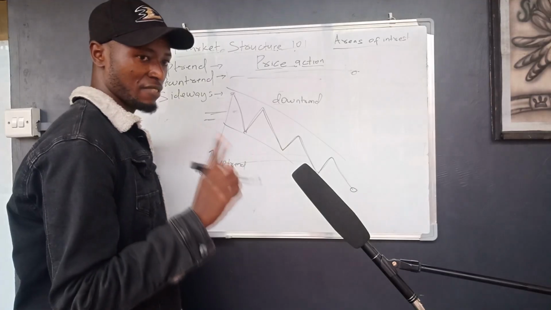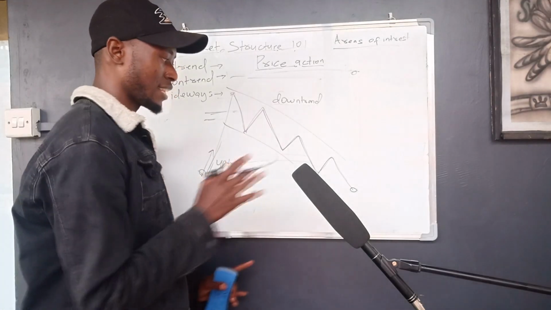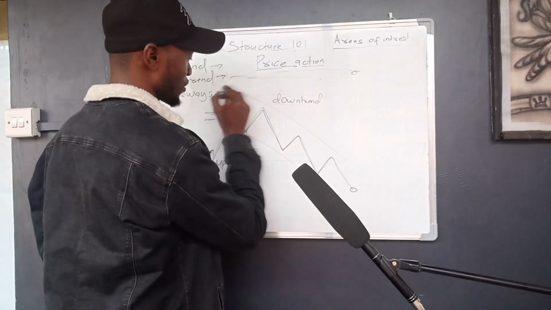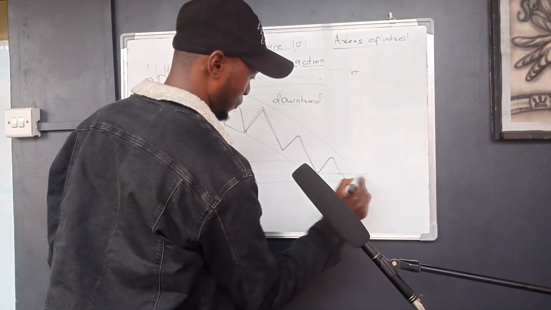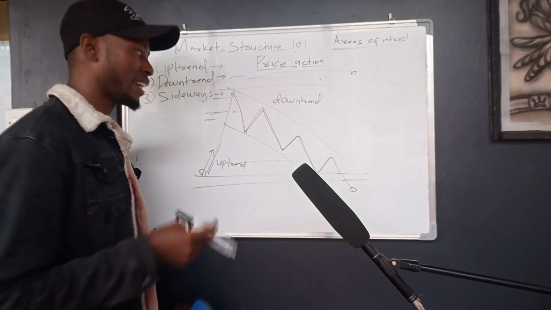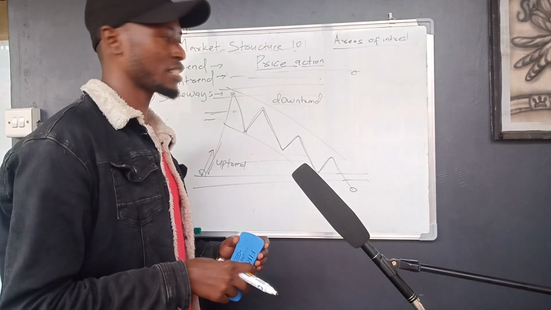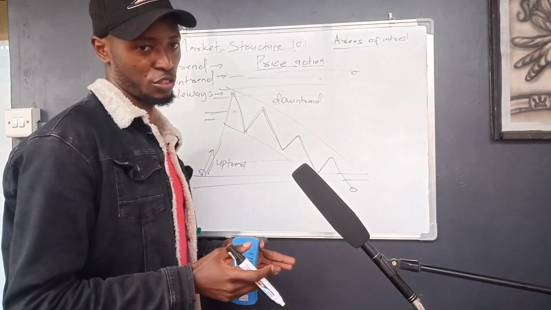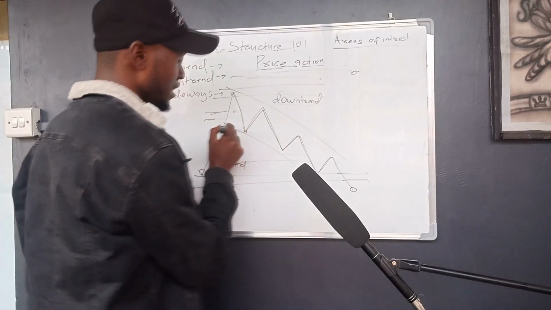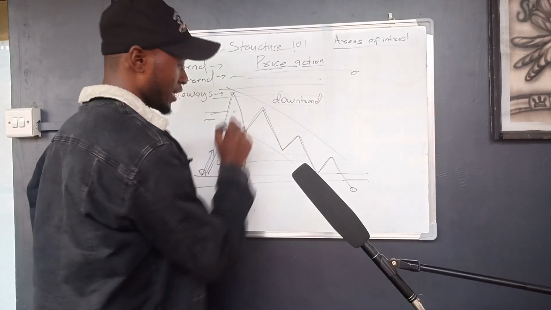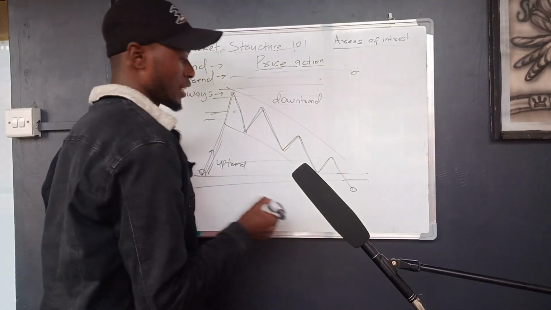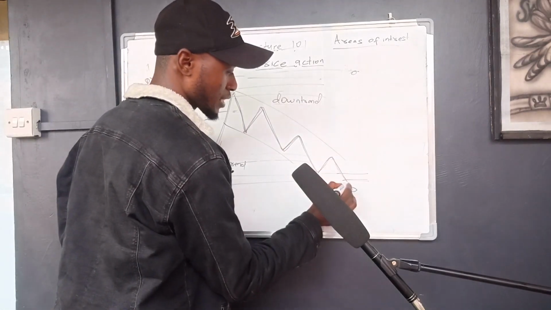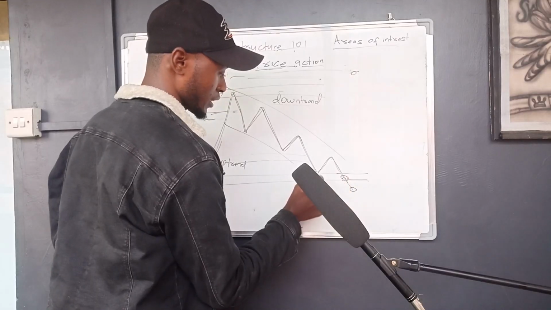So you first find the main support and resistance zones in this market. So let's say this is your resistance and this is your support. You just don't buy at any support and resistance because the market can still reverse on you. So if this market has been moving up, then forms this consolidation to the downside, initially a downtrend, we have to wait for this market to reach this zone.